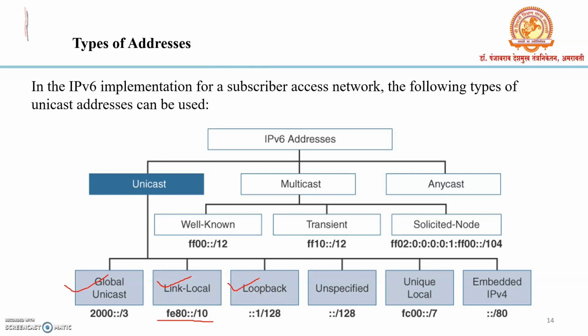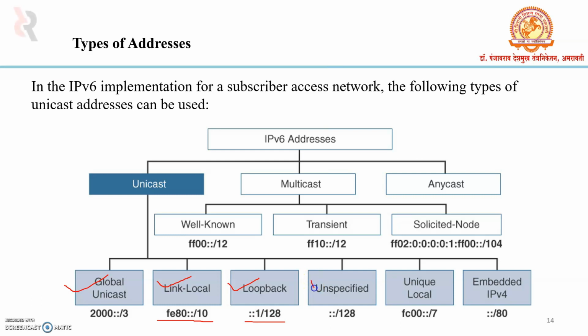Loopback address. An IPv6 address used on a loopback interface. The IPv6 loopback address is 7 times 0 then 1, means this one, /128, which can be noted as ::1/128.